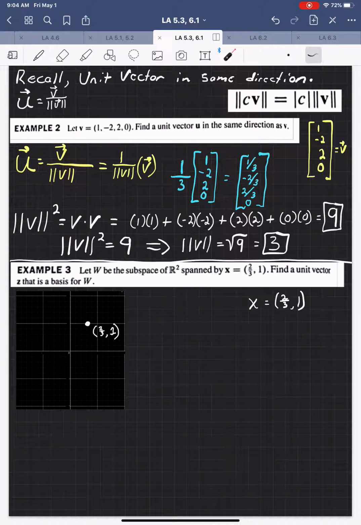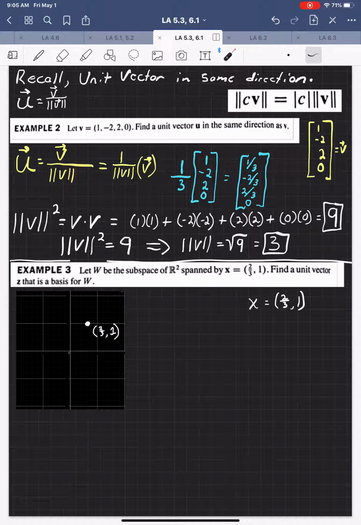So it says let W be some subspace of R2. Okay, so we'll take this piece by piece. So I went ahead and copied some R2 YX coordinate system here so we can visualize this.